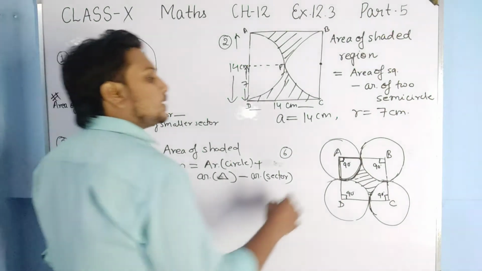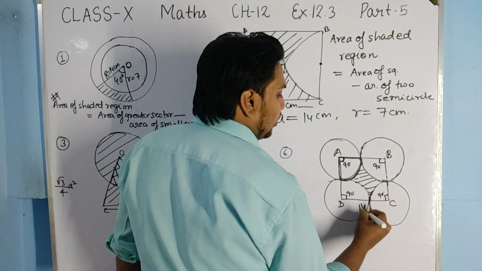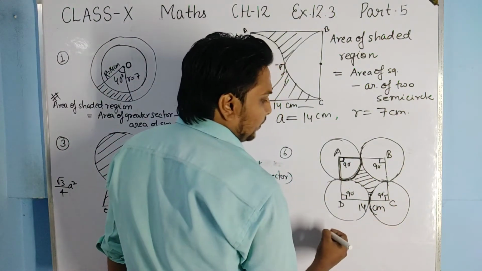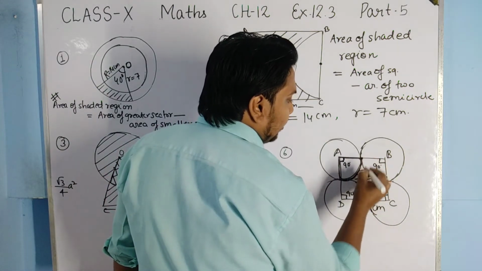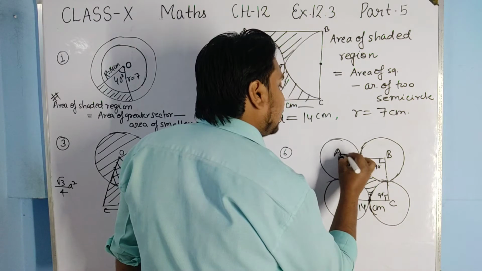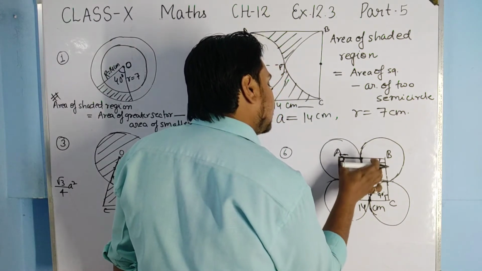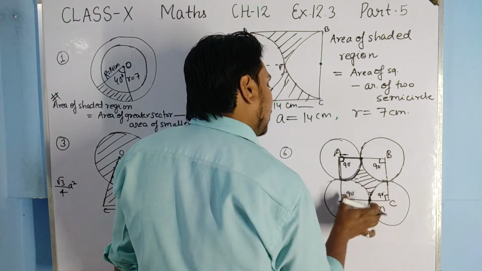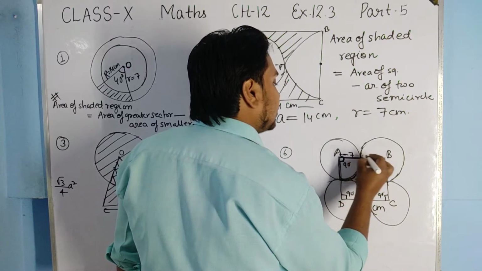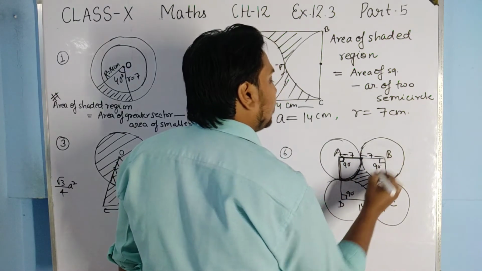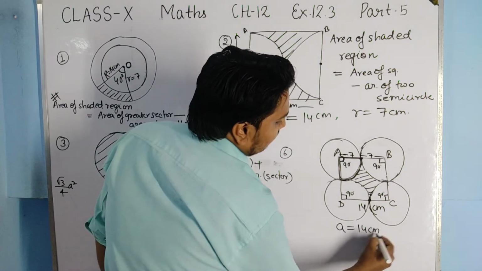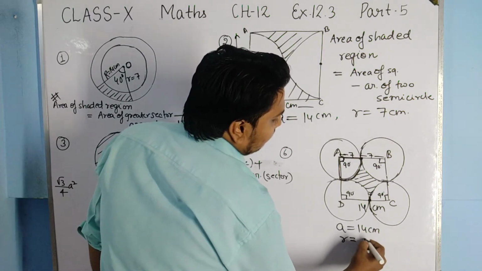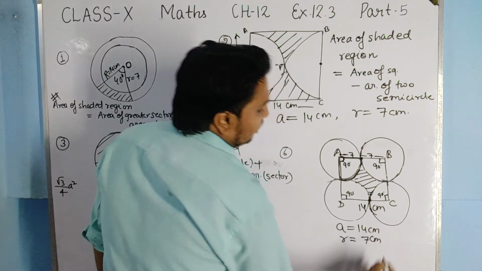See, it is said the side of the square is 14 centimeter, and this will be the midpoint of that. So it is divided equally from all the four vertices. So it will be 7. It will also be 7. Means here the side of the square is 14 centimeter. The radius of the quadrant is 7 centimeter.